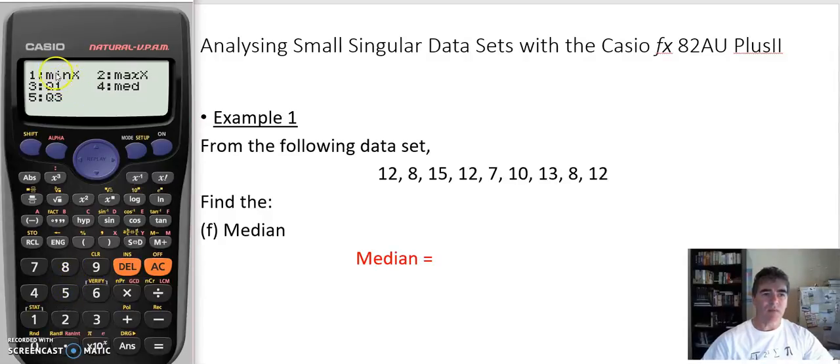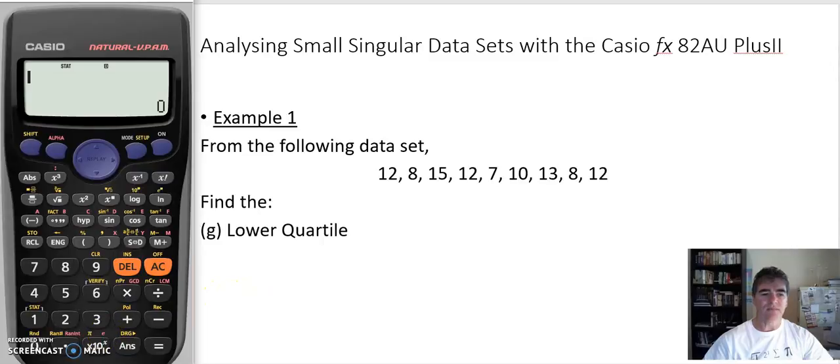So it will tell us what our minimum of the scores are, our maximum of the scores, our lower quartile, median and upper quartile. So we want the median, which is 4, equals, and we get 12, so we get a median of 12. So once we've done that, answer that question, press all clear, and we can get ready for the next part.